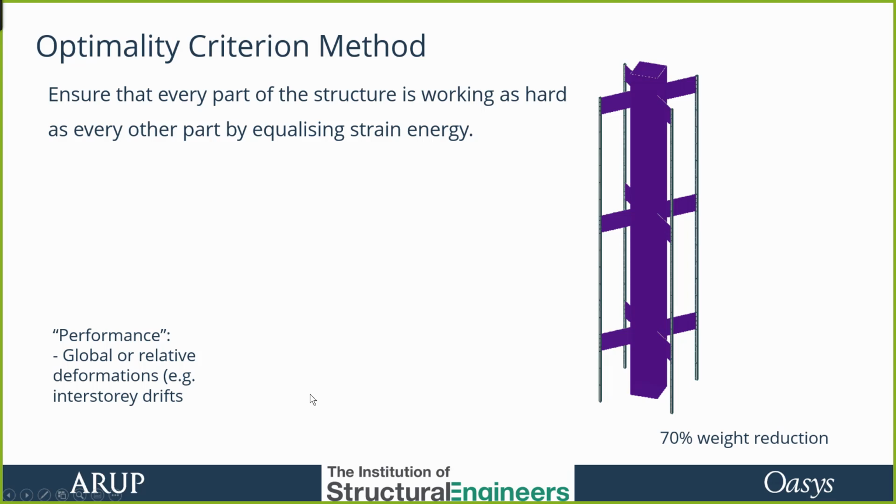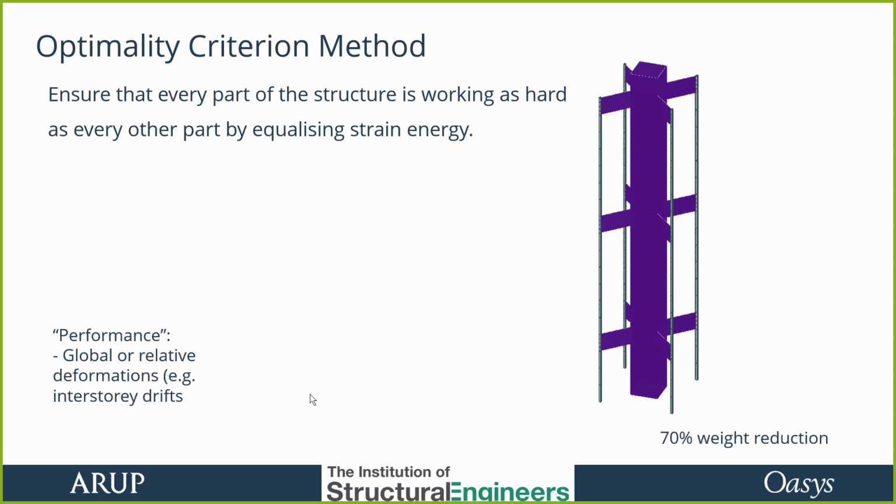Okay, another shape optimization technique we can look at: optimality criterion methods. Shape optimization or size optimization is normally about working out which individual size it needs to be, but that's much a strength option. Optimum criterion method, or OCM, can take into account deflection as well.